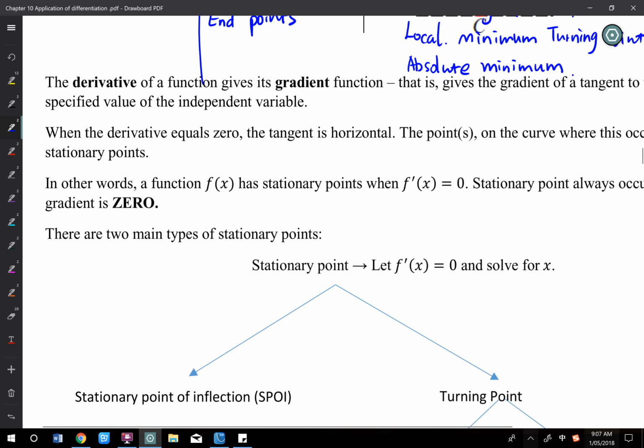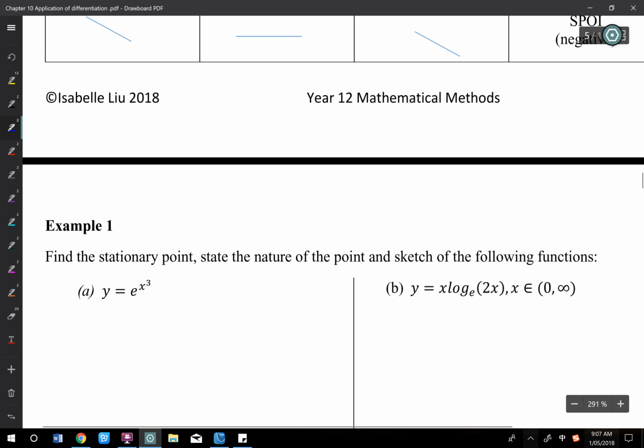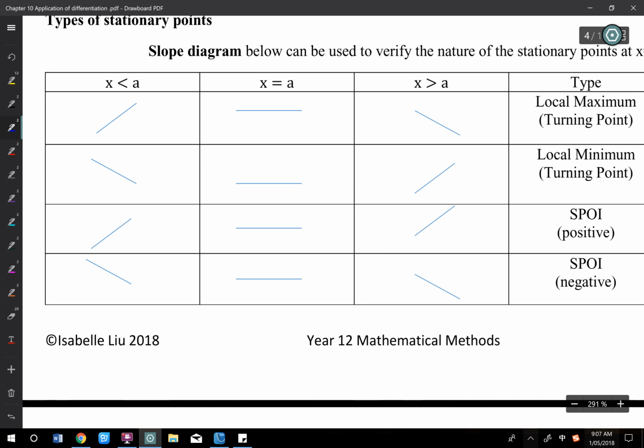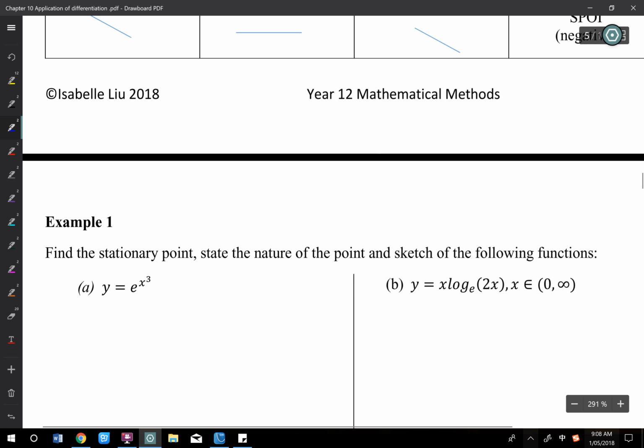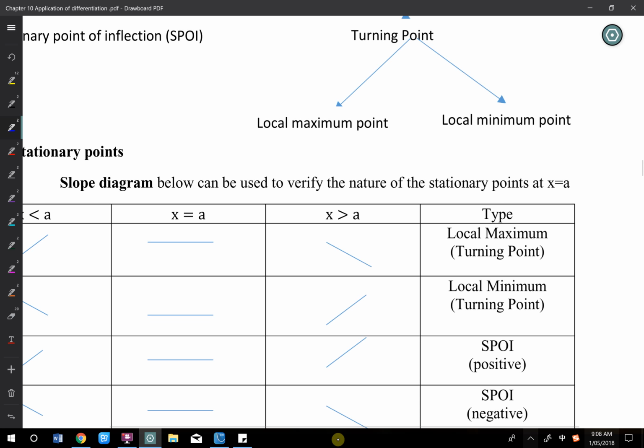So what I will do next is example 1. I don't have enough time to do example 1, so I might stop here.